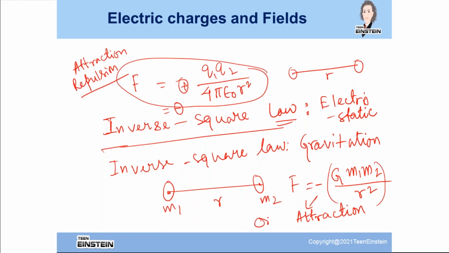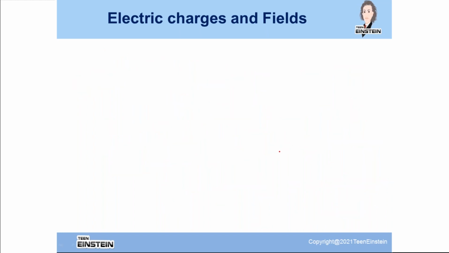Now one more, it is the most important difference. Can you tell me, if I write the electrostatic force as Fe between two charges, and the gravitational force between the same masses?